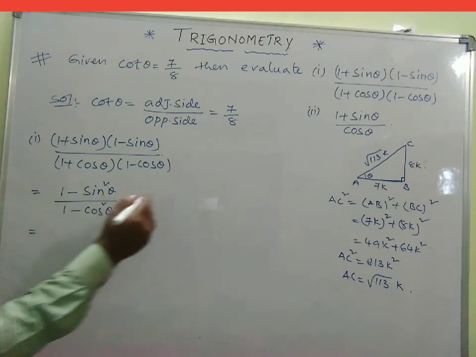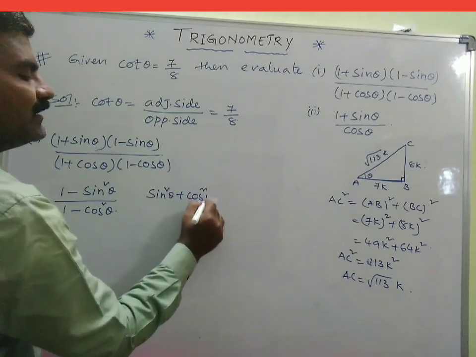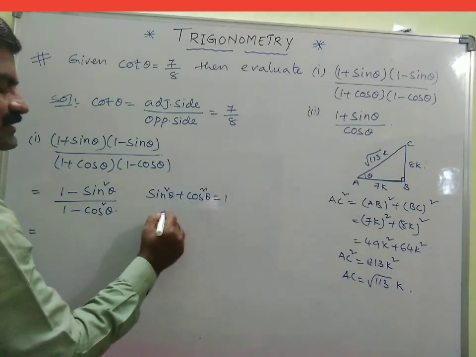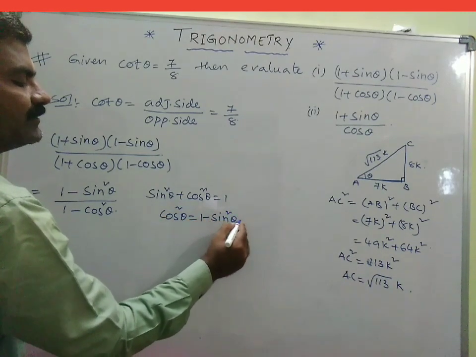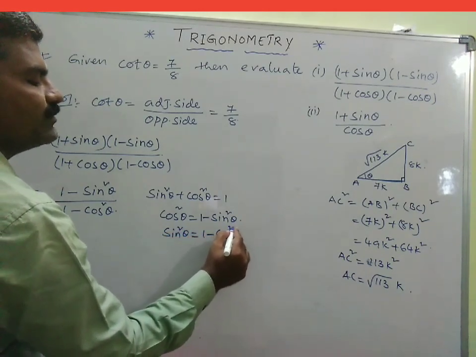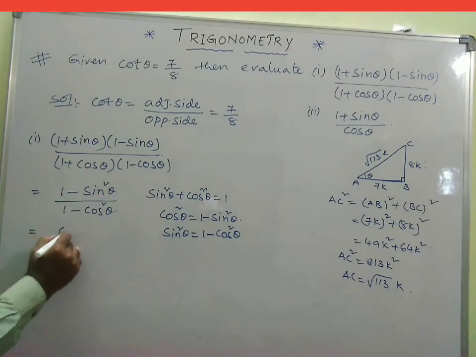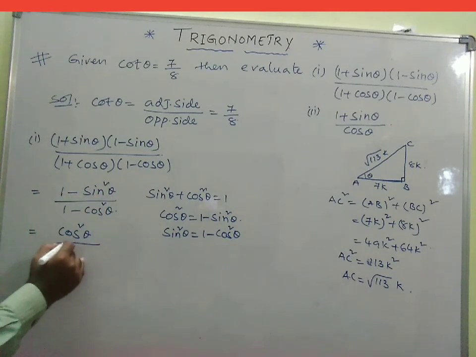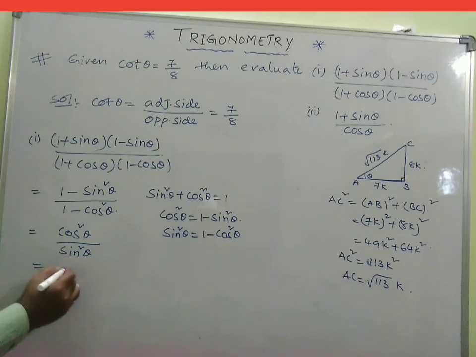Do you know from the identity I told you earlier, sin square theta plus cos square theta is equal to 1. From this, cos square theta is equal to 1 minus sin square theta and sin square theta is equal to 1 minus cos square theta. So now you can replace 1 minus sin square with cos square theta, and 1 minus cos square with sin square theta, and cos square by sin square is nothing but cot square theta.